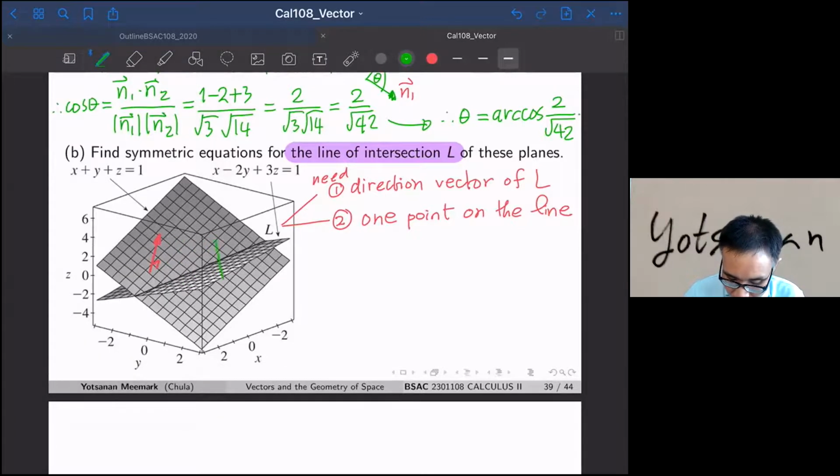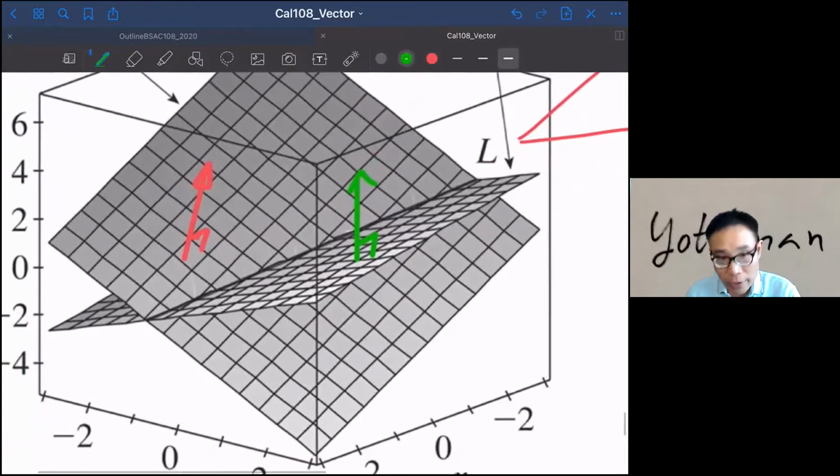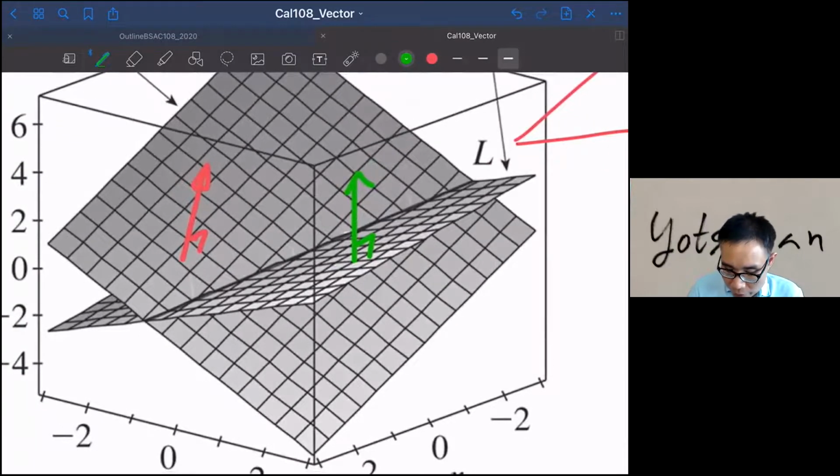So it's going to be like this. You see that it's going to be the vectors n1 and n2, the green vectors.